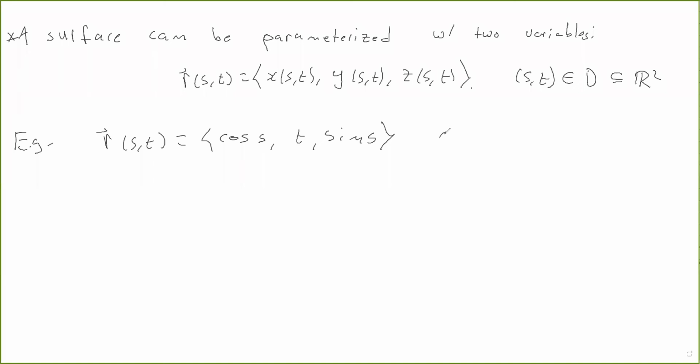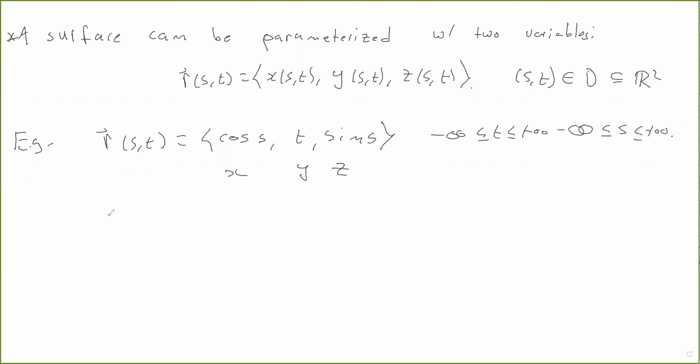We'll say t goes from minus infinity to positive infinity, and same thing with s. So let's think about what this shape is. Again, like we saw before, this is the x-coordinate, this is the y-coordinate, this is the z-coordinate.